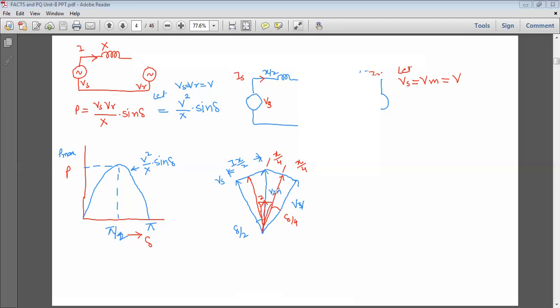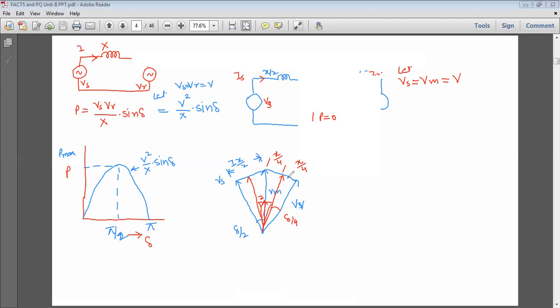Injected current should be in phase quadrature. As long as the injected current is in phase quadrature with the line current, it is going to consume or supply reactive power. Otherwise it will handle some active power also. In ideal compensation we assume that the active power handled by the compensator is equal to zero. Now this is delta by 4.